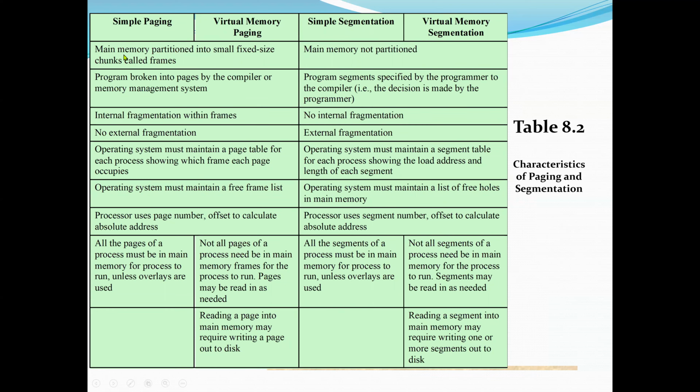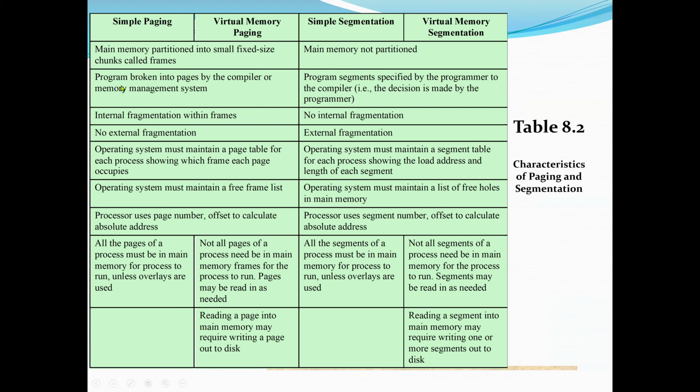So here we say the main memory is partitioned into small fixed-size chunks, which we call the frames. That's for paging. Now for segmentation, the main memory is not partitioned. With paging, again, it is partitioned into small-size chunks called the frames.